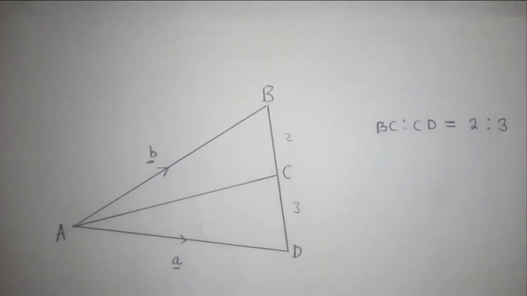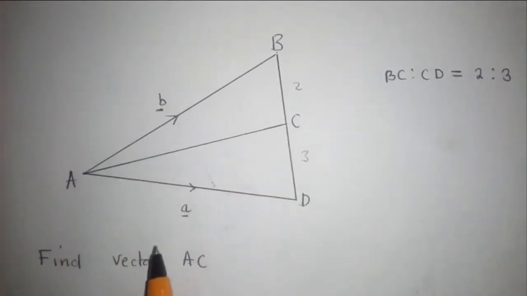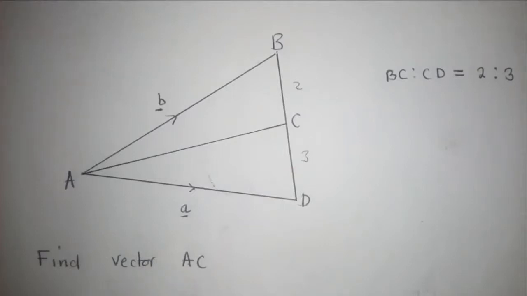Okay, so now they ask us to find the vector AC. This is where the idea of using ratios comes in.